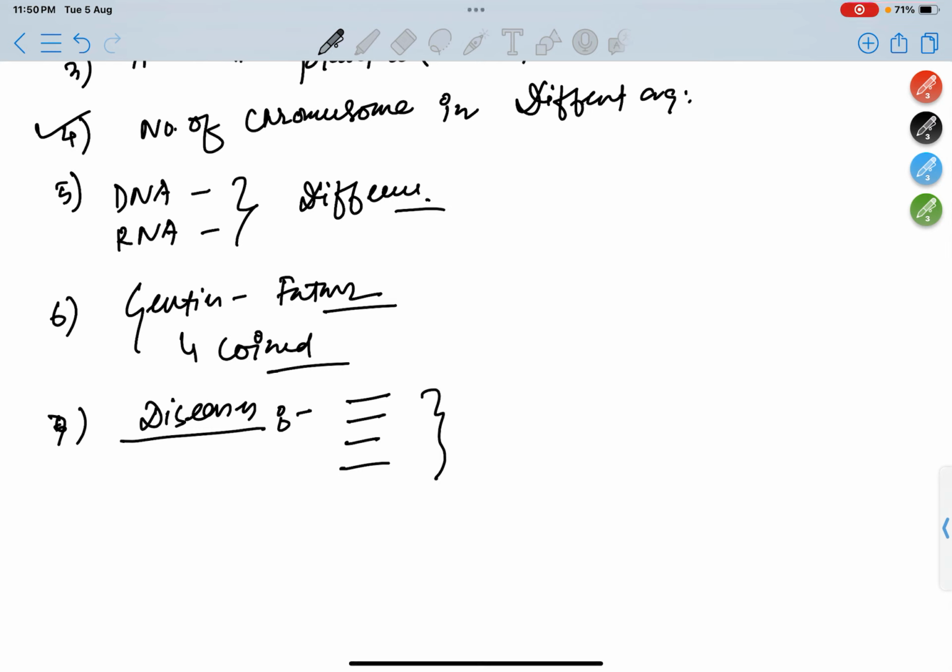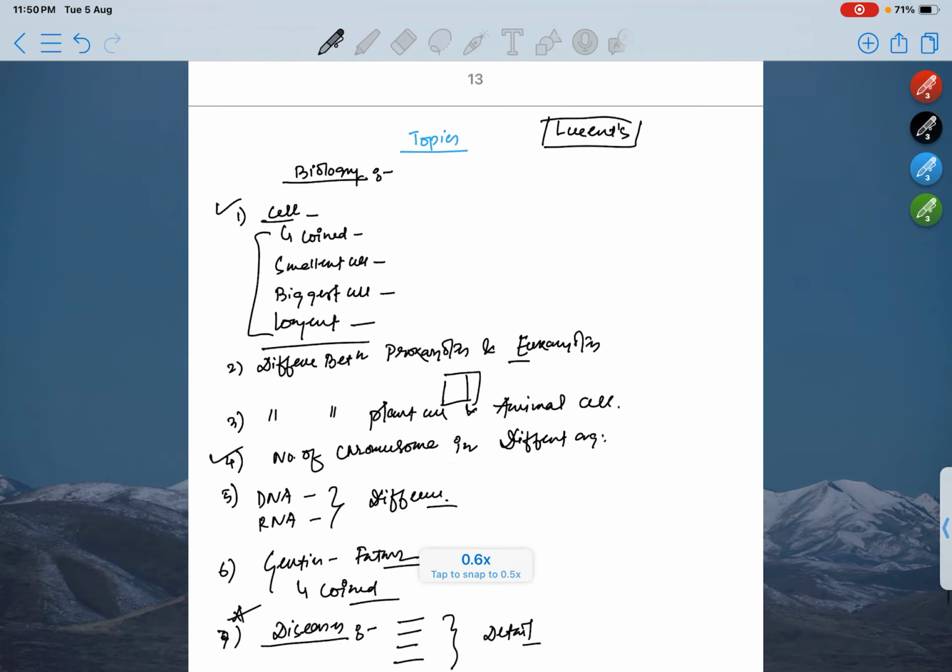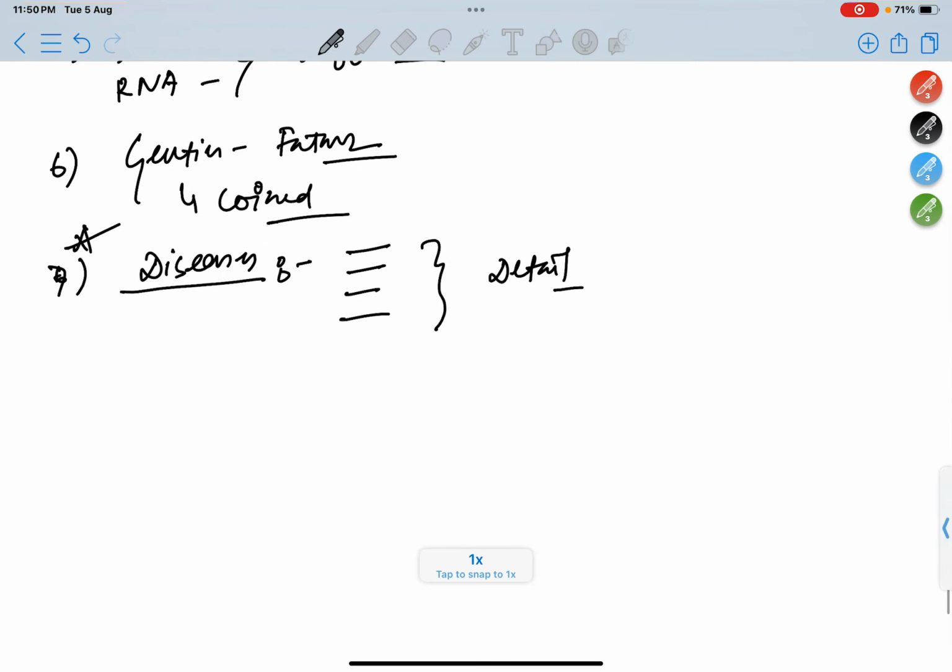So those diseases you have to do in detail, very important. This disease portion is very important, you cannot skip this one. So this was all for biology.